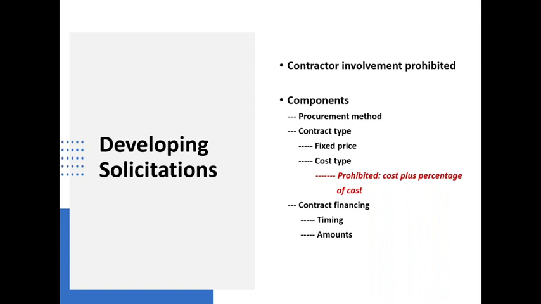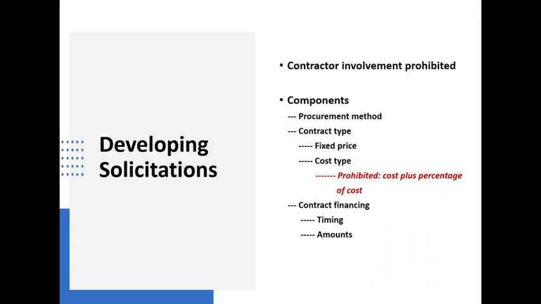Now, the components of a solicitation, whether it's an invitation for bids or a request for proposals, needs to specify the features that are identified here on slide 13. What's the procurement method that you're engaged in? What is the expected contract type?